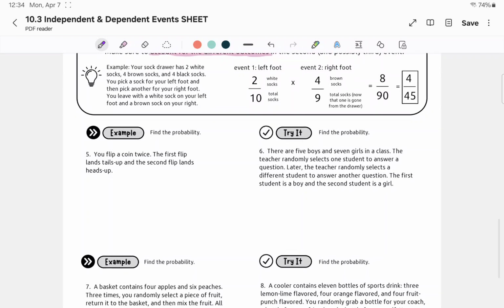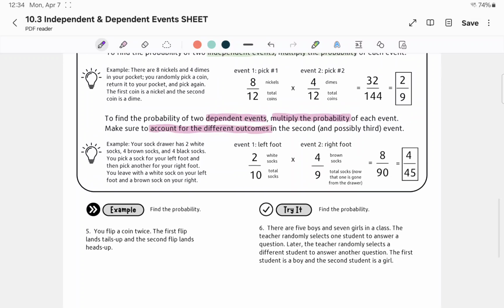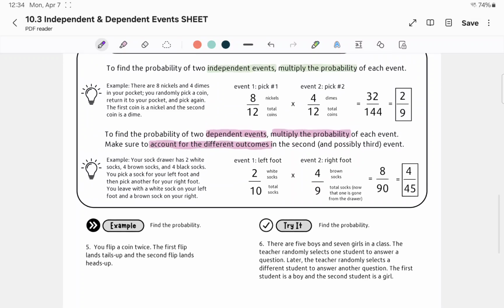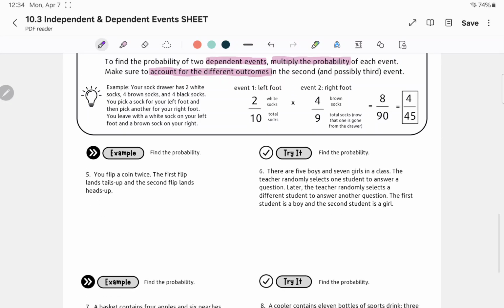So for number 5, you flip a coin twice. The first flip lands tails up, and the second flip lands heads up. We still want to identify the events, just like we did with the last lesson. So what are my 2 events? Well, I'm flipping a coin twice, so it would be flip number 1, and flip number 2. In the last lesson, I just said to write down the number of outcomes.